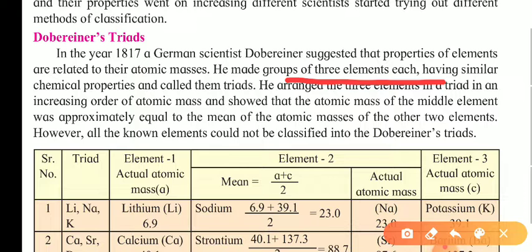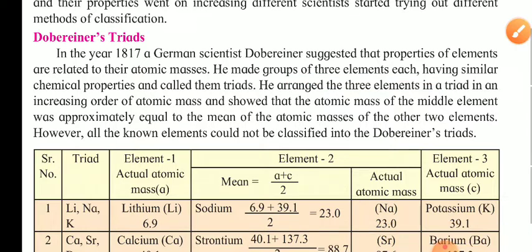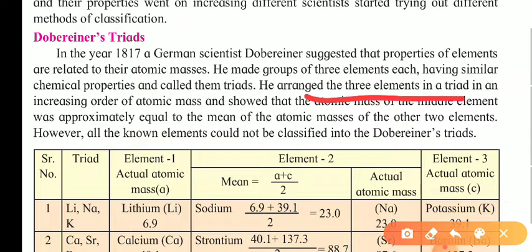After that, he made a group of 3 elements together and called them a triad, and that's why this particular classification is named Dobereiner's triads. He arranged the 3 elements in a triad in an increasing order of atomic mass.